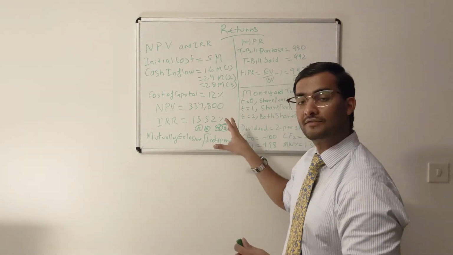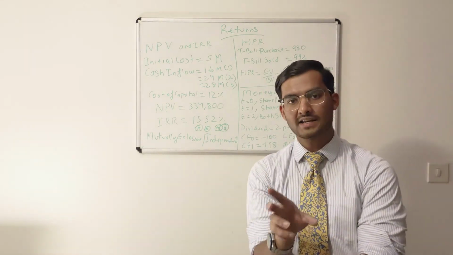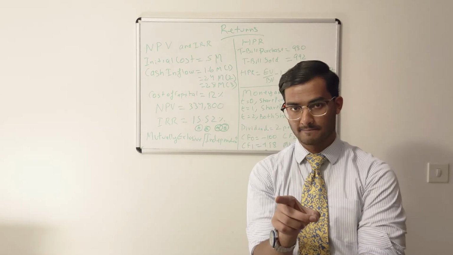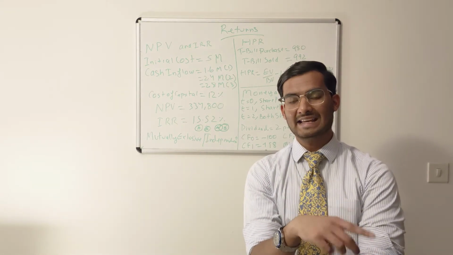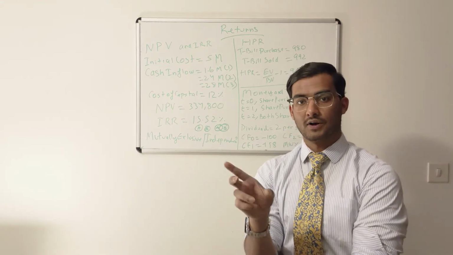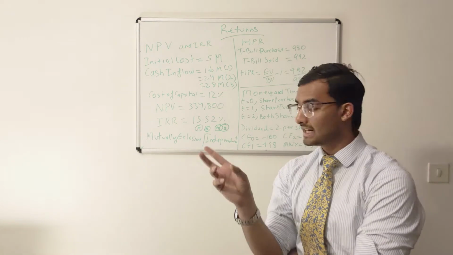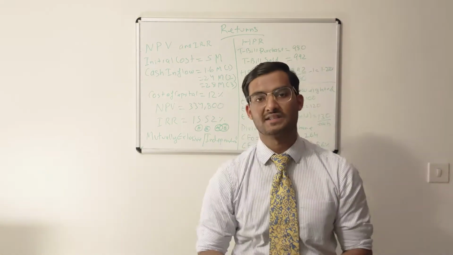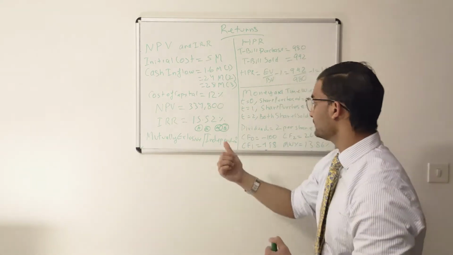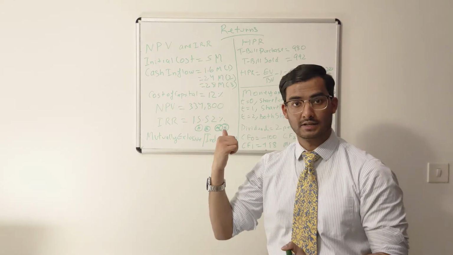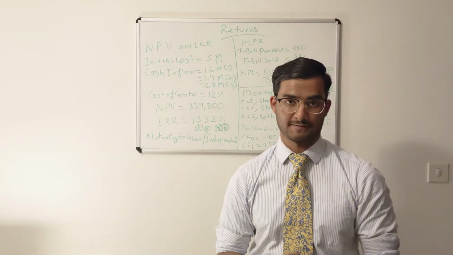Say, for example, the net present value of company A is higher than the net present value of company B, but the internal rate of return of company A is less than the internal rate of return of company B. Then the net present value will always be taken. The investment with the superior net present value, company A, would be regarded as per the definition of capital budgeting.